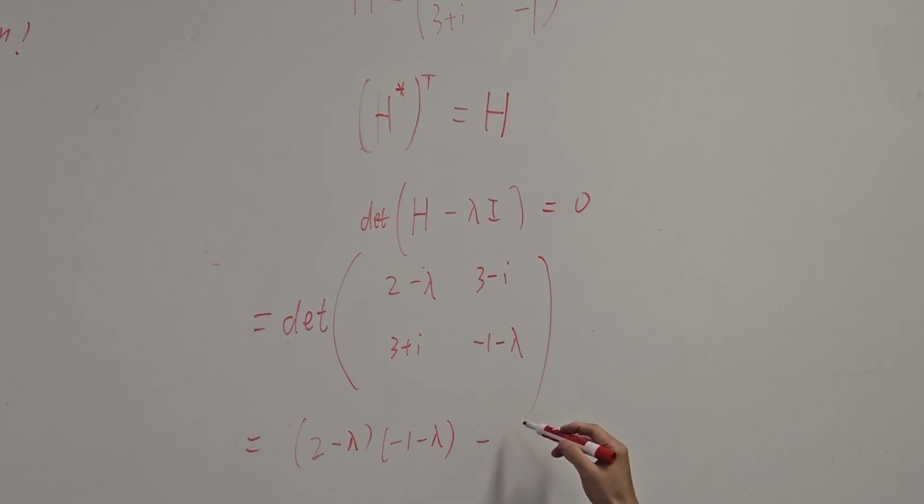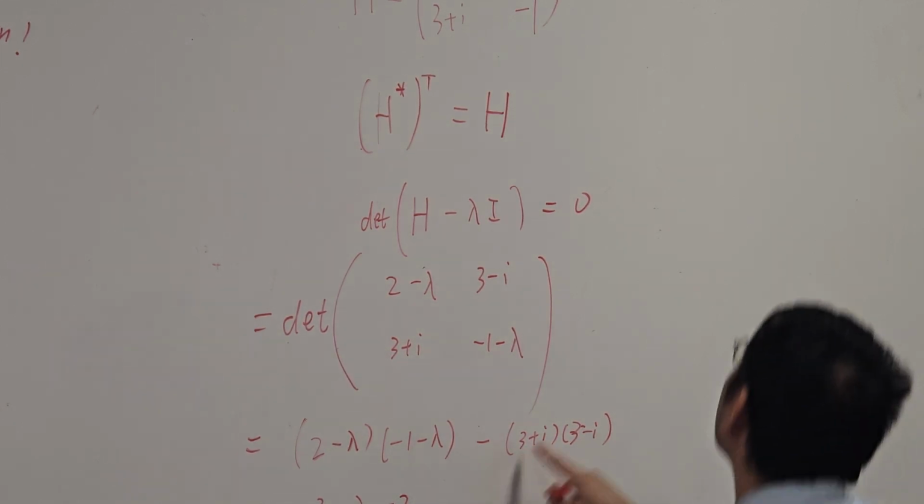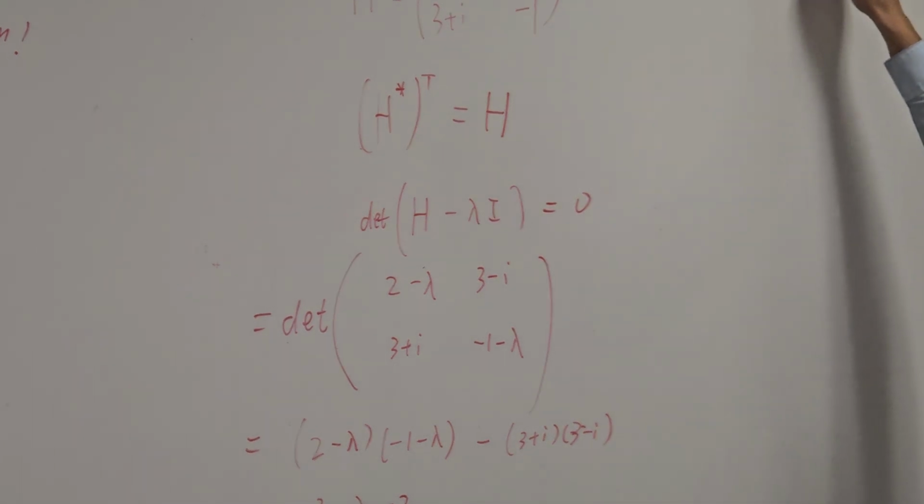So 2 multiplied gives me lambda squared minus 2 plus 1... minus 2 plus 1 is minus 1, minus 2.